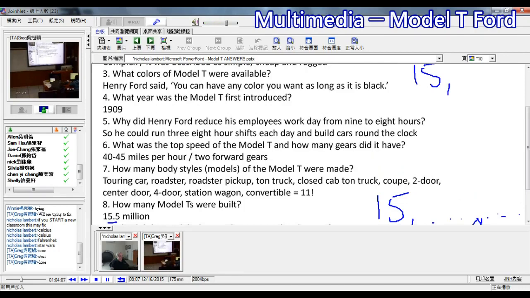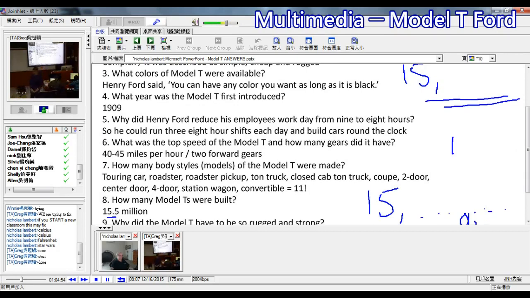No, it's not 60. What's half of 1 million? Still waiting. What's half of 1 million?